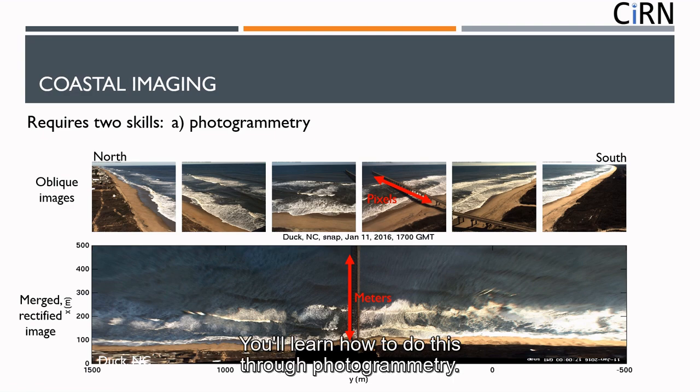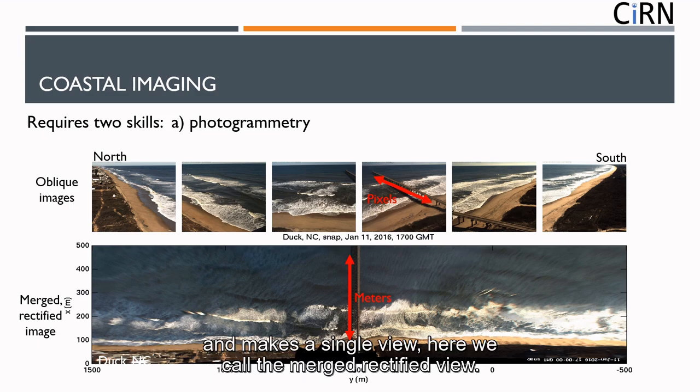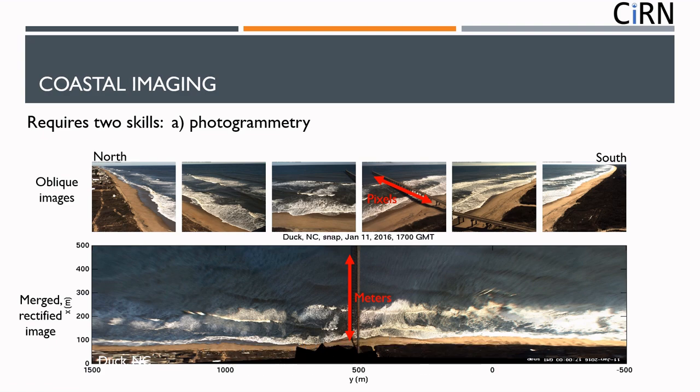You'll learn how to do this through photogrammetry, and this example is a snap image. The process of mapping it to world coordinates is called rectification. And because the information comes from 6 different cameras and makes a single view here, we call it a merged rectified view.